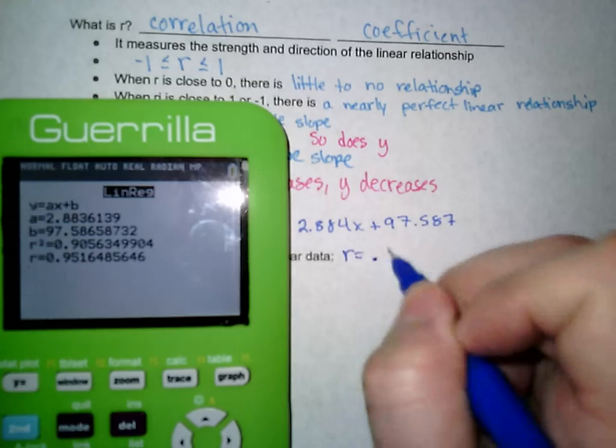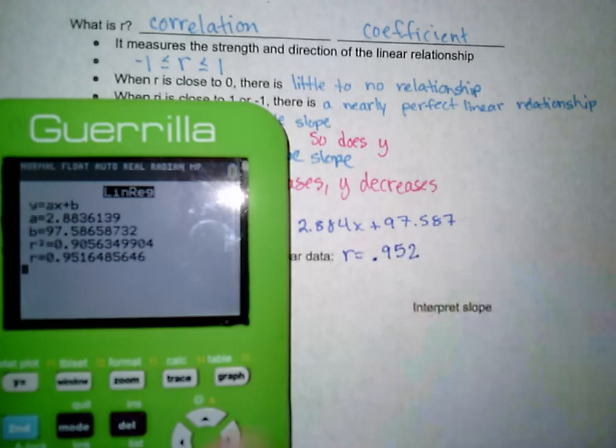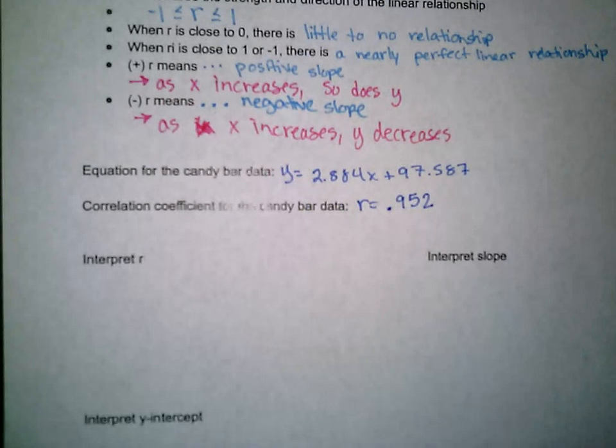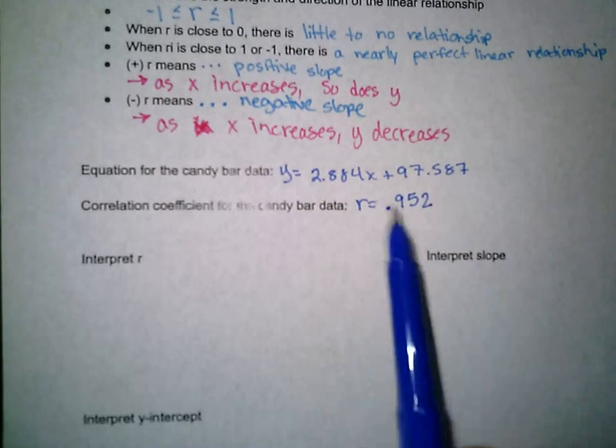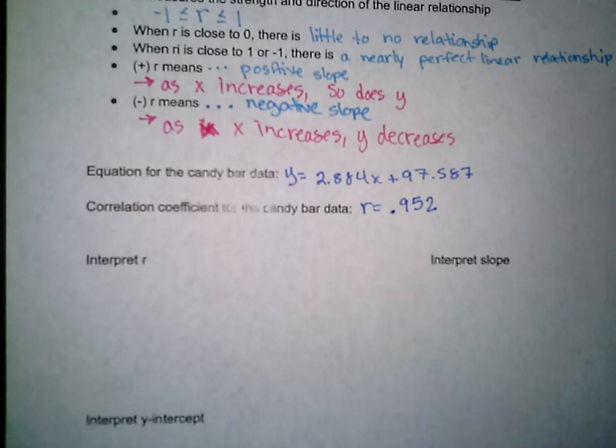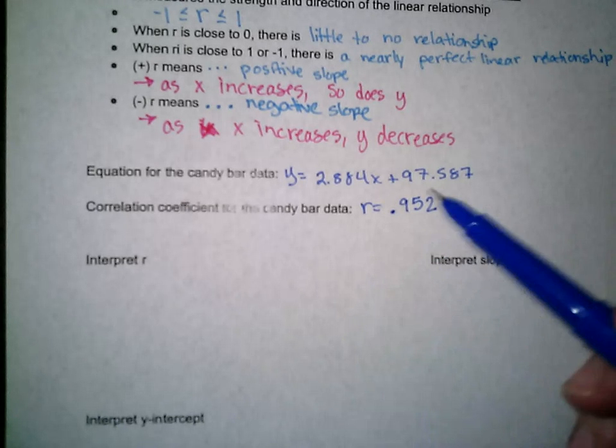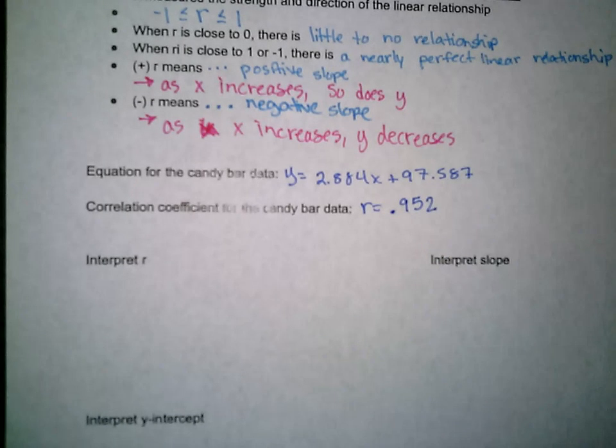So R equals 0.952. We'll see this more in stats next semester, but basically that tells you that 95% of the data is accounted for by the model.